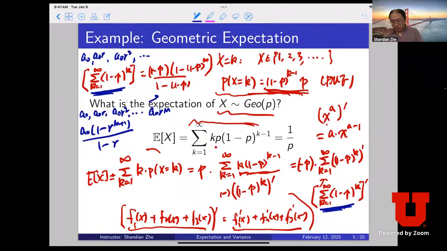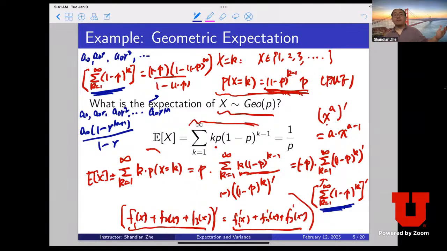The good thing is that because 1 minus p is less than 1, and you have an infinite number of terms, you take 1 minus p to the power of infinity. What's the value? It's 0.